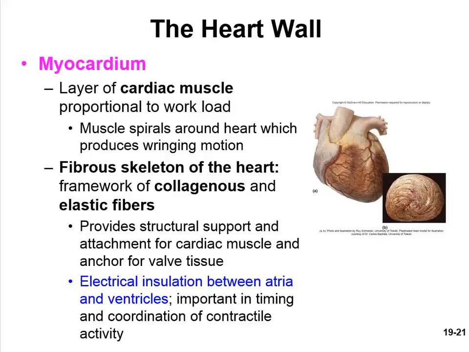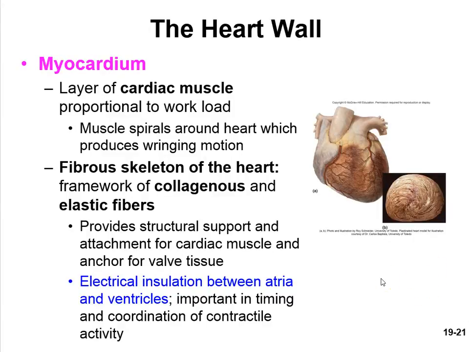And the design of it, we can see in the picture over here, actually spirals around the heart, creating this spiral-like appearance, which is going to be important for the way it works and how the single muscle cells contract and actually squeeze the blood from the bottom of the heart on up to squeeze it out the top.